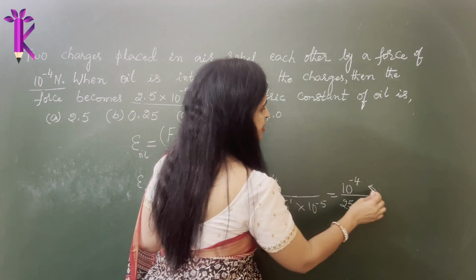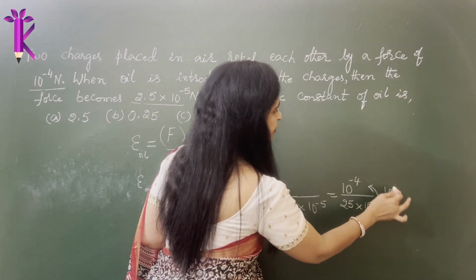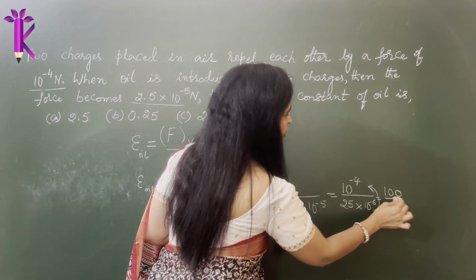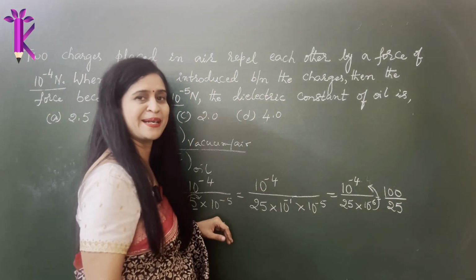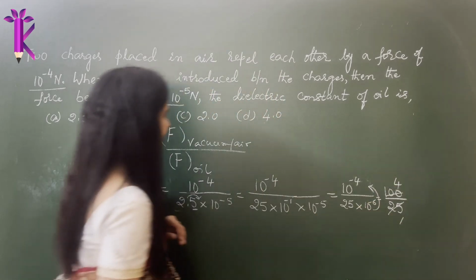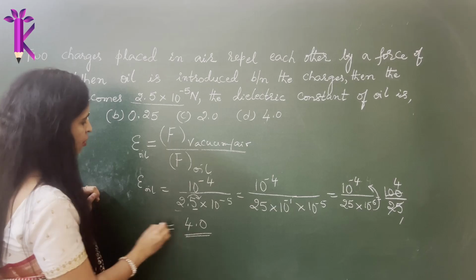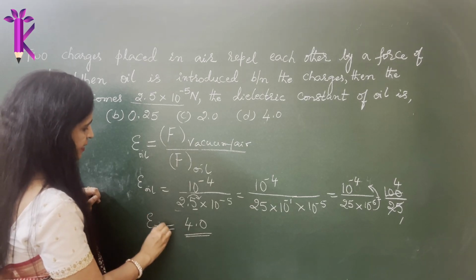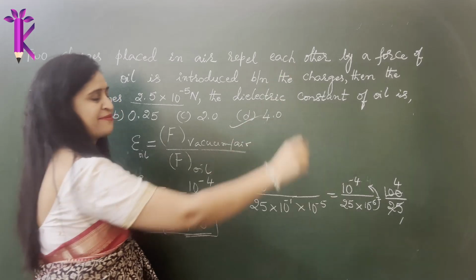So plus 6 and minus 4 is 2. 10 power 2 can be written as 100 whole divided by 25. Now 100 divided by 25? 25 times 4. So what is the dielectric constant of the medium, which is oil? It is 4.0 or just 4. So the dielectric constant is found to be 4 very clearly, and you have the answer here.